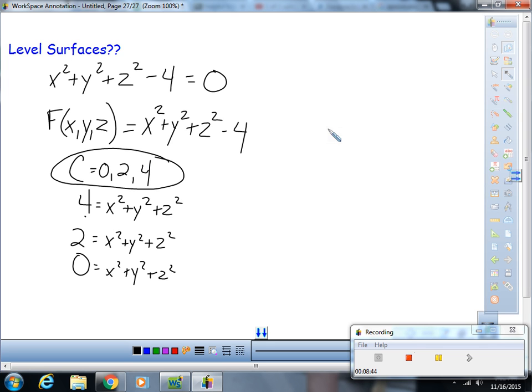So I'm going to have to try to sketch this thing. So we would have the first one, the radius would be 2. Oh, that's not good enough.